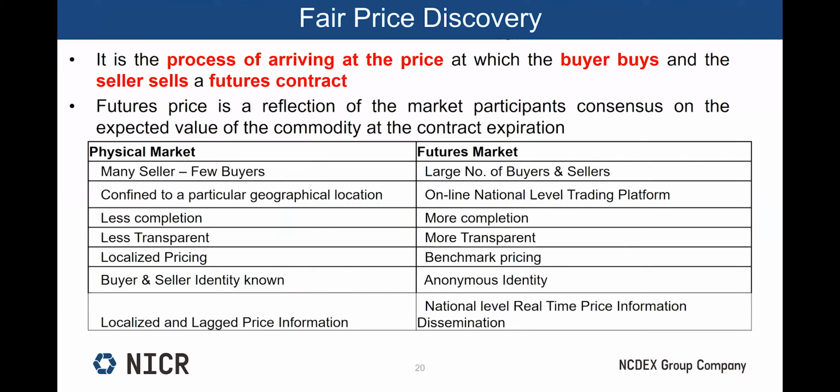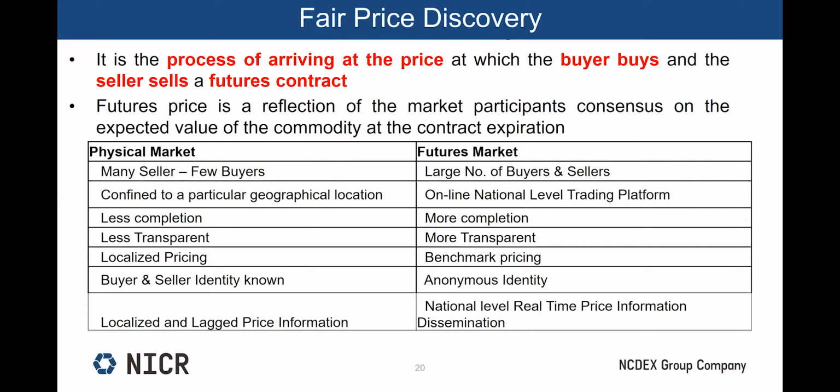If you look at a physical market vis-a-vis a futures market, as I was explaining, because of the nature of our agricultural ecosystem, we have many sellers and few buyers. It is very localized in nature because of physical and logistical constraints. There is less competition and it is less transparent.